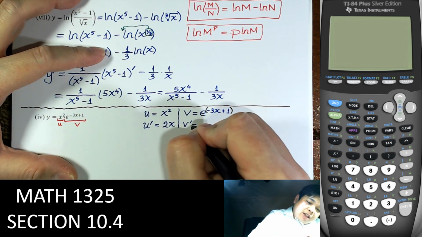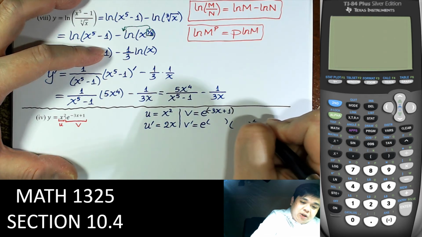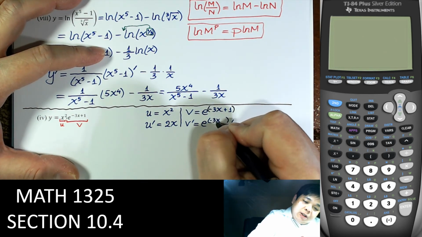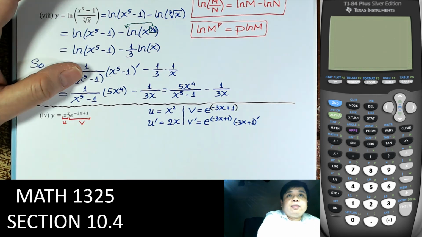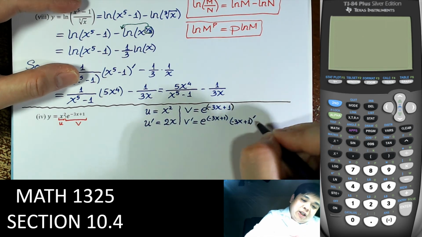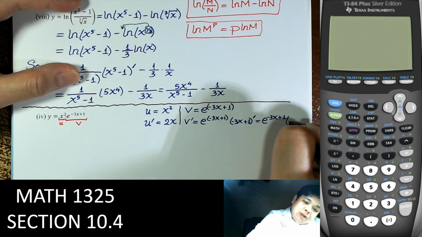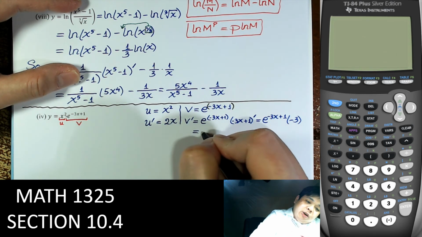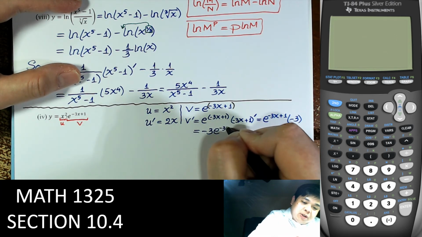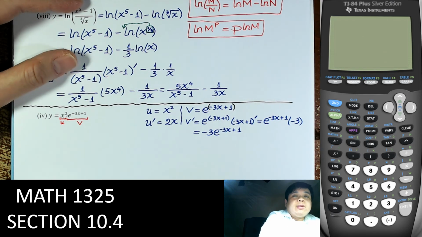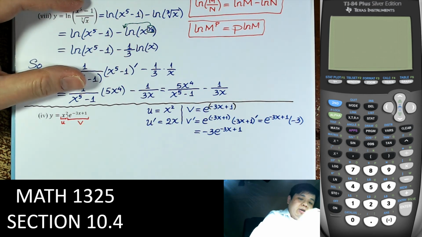The derivative of that is e to the parentheses times the derivative of the parentheses. This gives us just -3. So multiplying in front, we have -3 e to the -3x plus 1. Right, now we have the product.